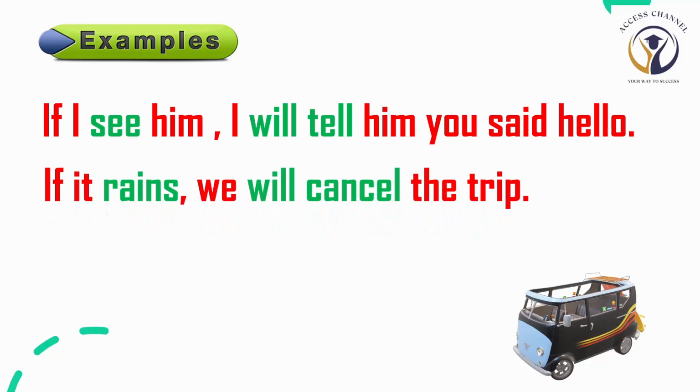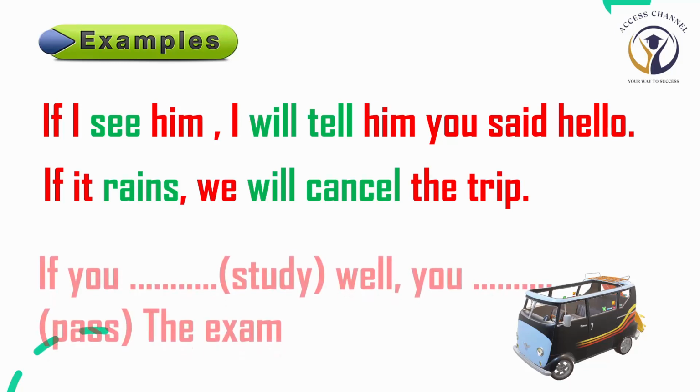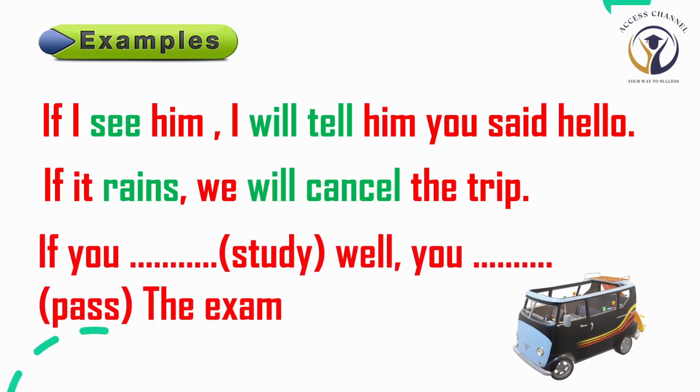Another example, if it rains, we will cancel the trip. Also, it's something applicable, something possible to happen. If it rains, to avoid danger, we will cancel the trip. Okay, so come on, let's try to do the third one. If you study, put the verb study in the correct form, and in the other space, put the correct form of the verb pass.